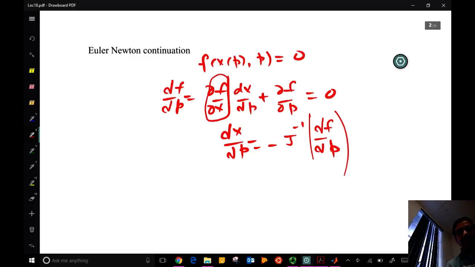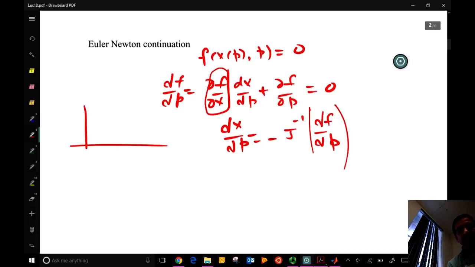So the idea, once again, graphically, I'm plotting x as a function of p, and this is my solution at x, and I want to draw a tangent vector and calculate at x plus delta x. This is at p, and this is at p plus delta p.